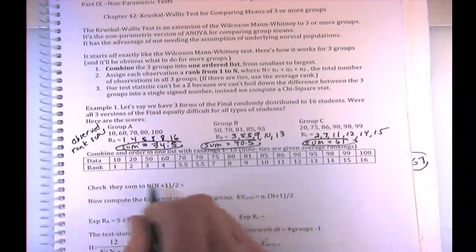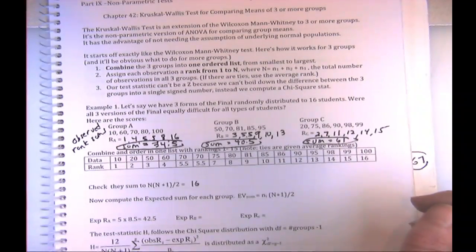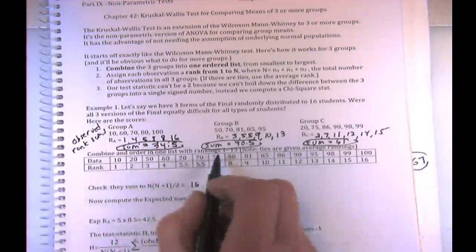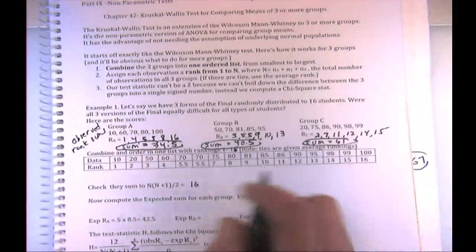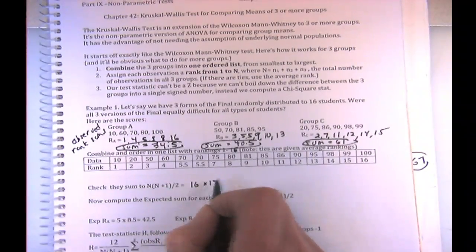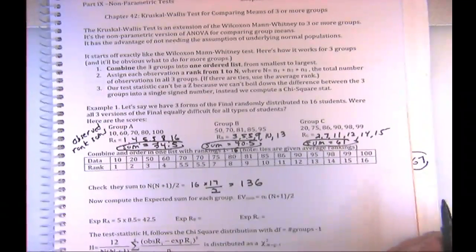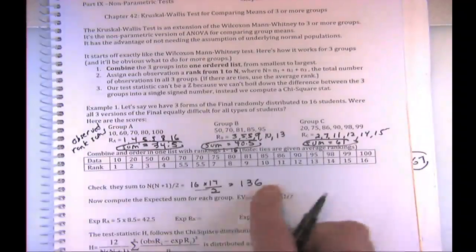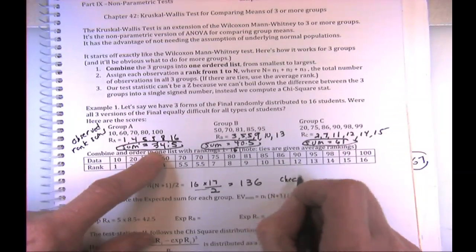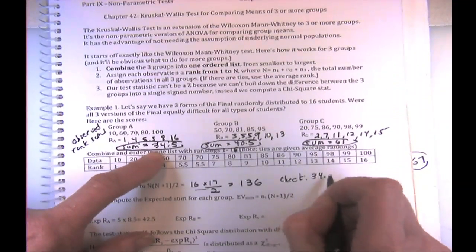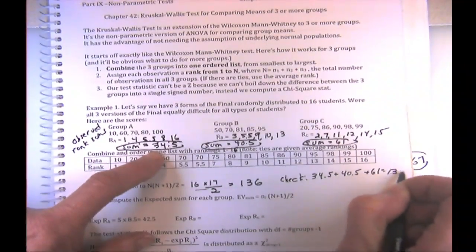In this case, it's 16 numbers, so 16 times 17 over 2, and we get 136. Let's make sure those sum to 136. Let's check that 34.5 plus 40.5 plus 61 does equal 136, and it does.